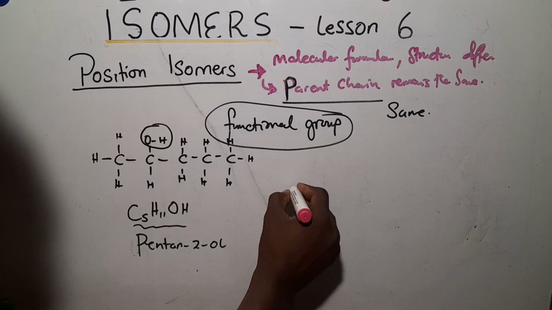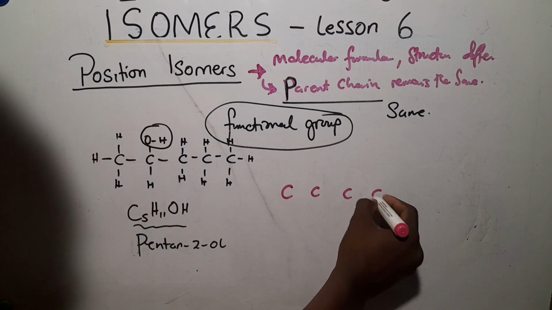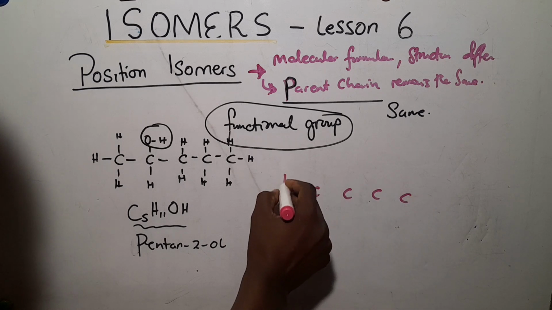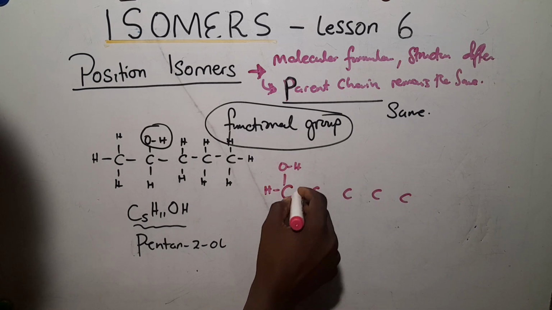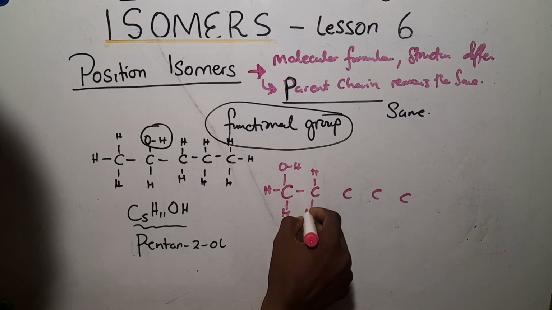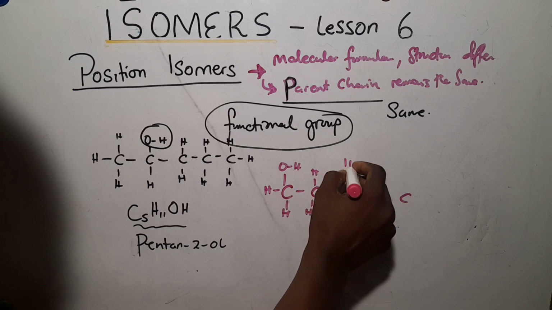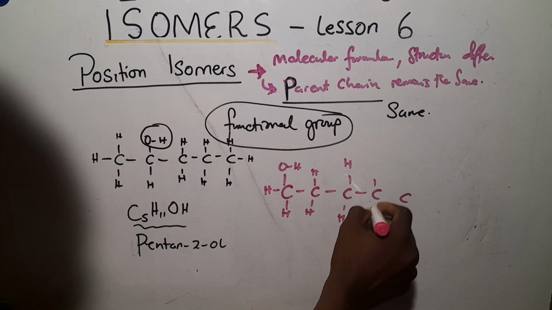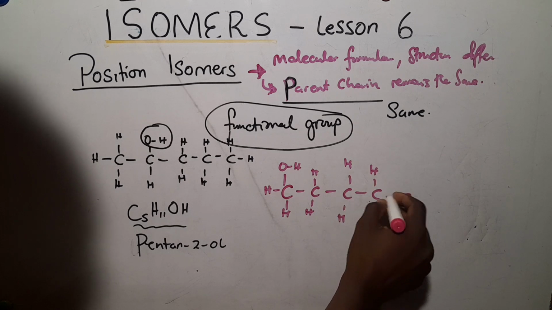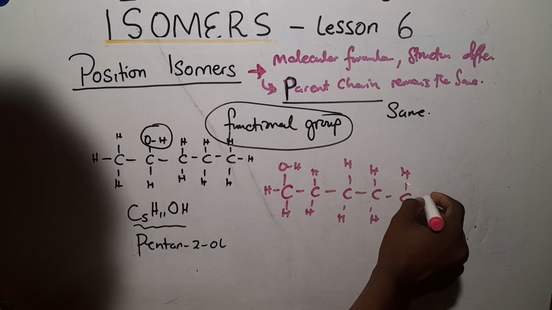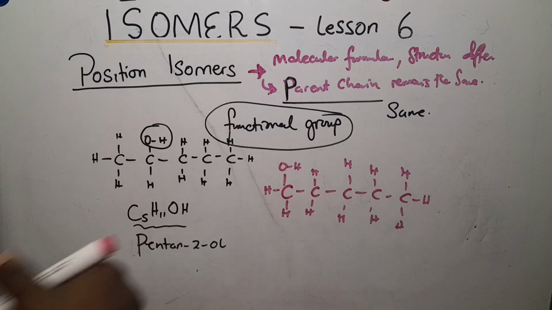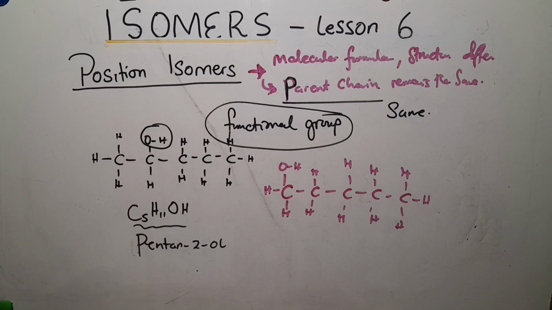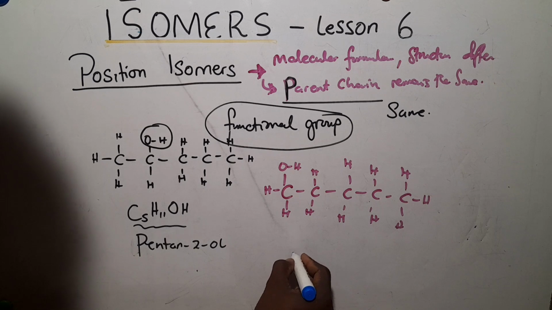So we can also have something like this, just to show that this hydroxyl group is moved from carbon number 2 to carbon number 1, right? Or we can have this also move to carbon number 3 there. It can also move to carbon number 3.